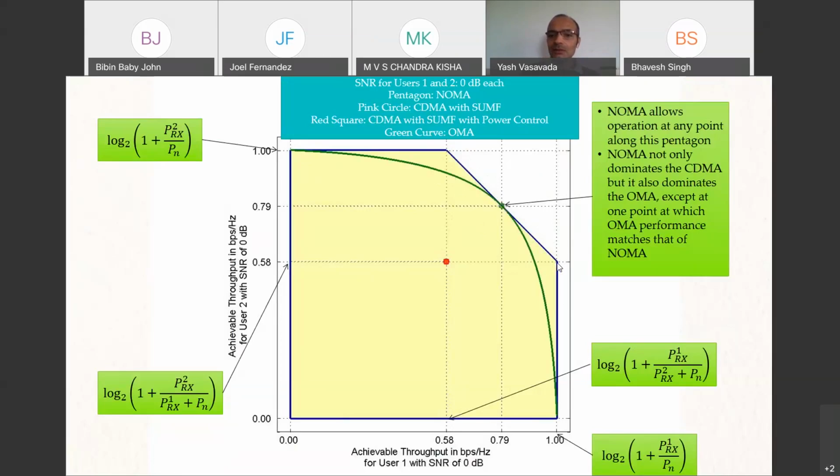If you are looking at the overall system throughput, how both user 1 and user 2 can maximize their data rates, then obviously you would want to operate at this blue pentagon rather than the green curvature.